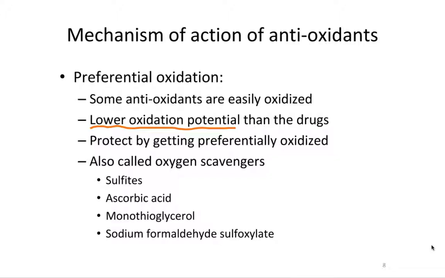These types of antioxidants are also called oxygen scavengers because they are capable of being oxidized faster. Examples of this category include sulfites, ascorbic acid, monothioglycerol, and sodium formaldehyde sulfoxylate.